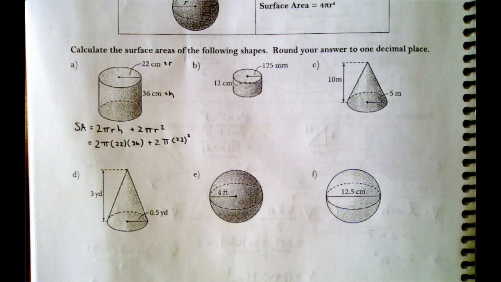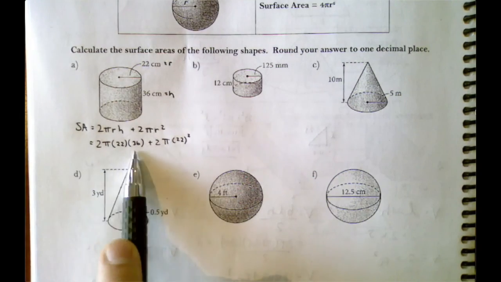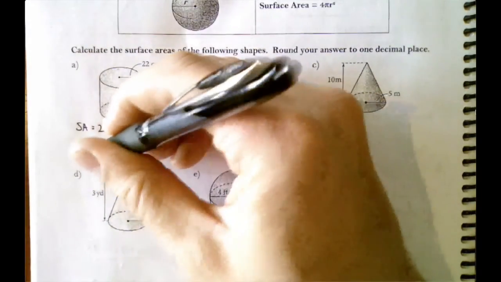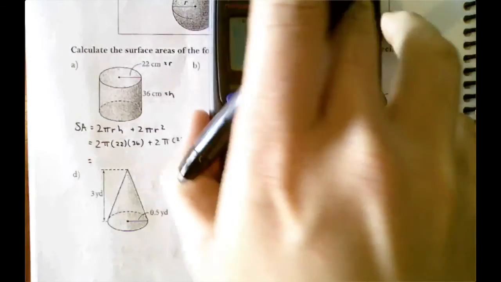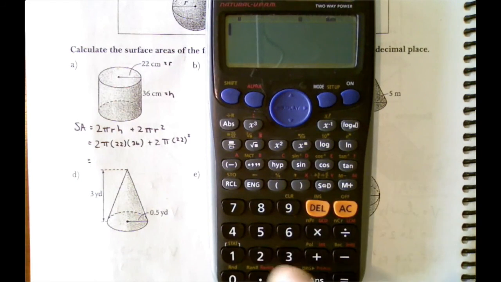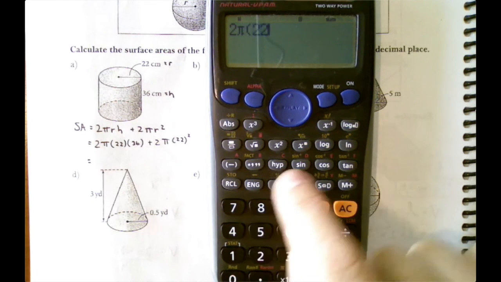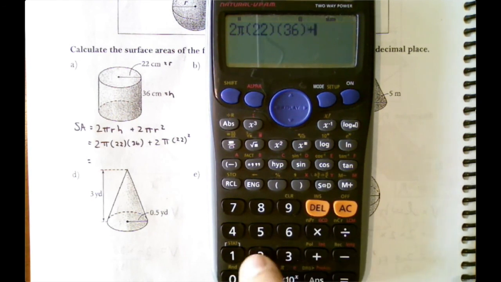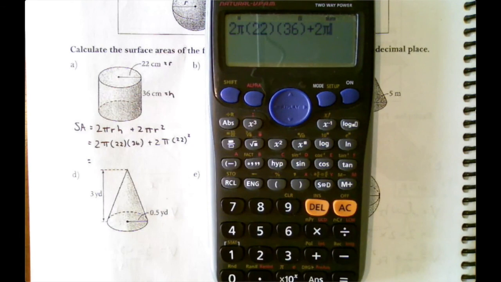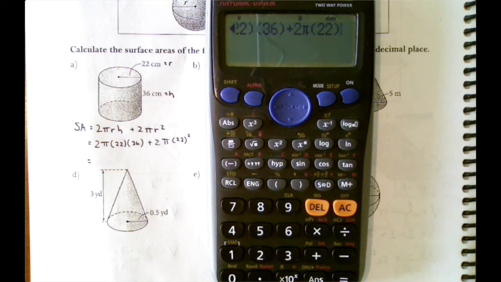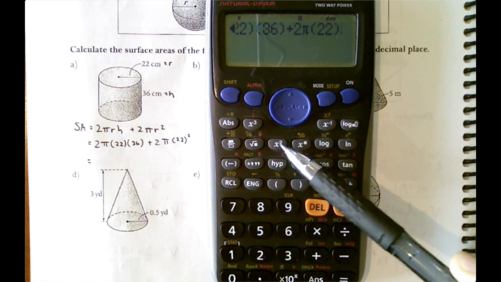Now you can do this in parts, calculating this, then calculating that, and then adding them. But I'm going to suggest you practice putting this whole thing in your calculator at once. Let's give it a shot. We've got 2, find the pi button, 22, 36. Plus 2, find the pi button, bracket, 22, and then you're looking for your exponent 2 button. Mine's this x squared button.